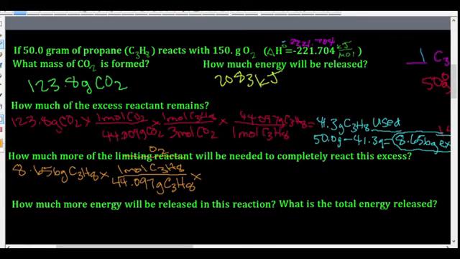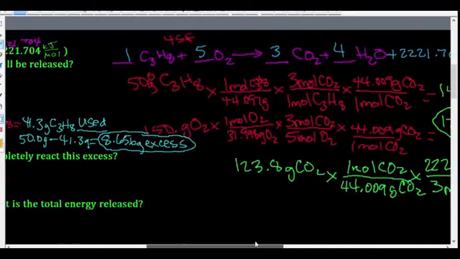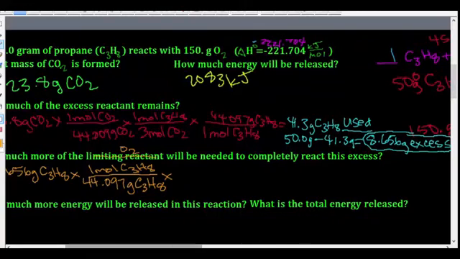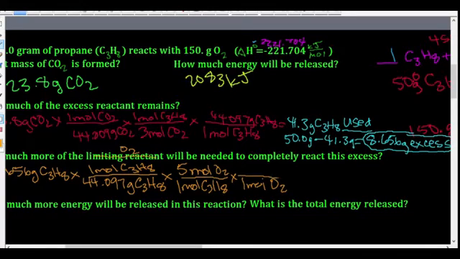And then go back to our mole-to-mole ratio: 1 mole of C3H8, 5 moles of O2. And then for every 1 mole of O2, I'm going to have 31.998 grams of O2.